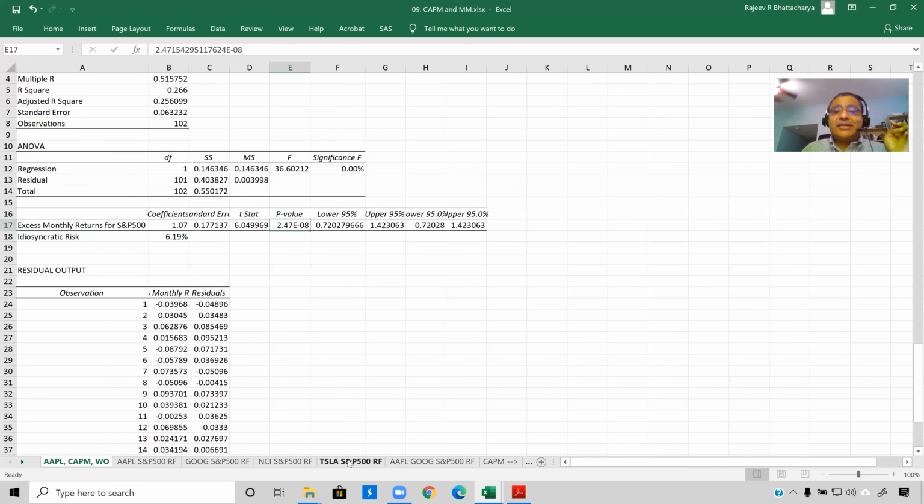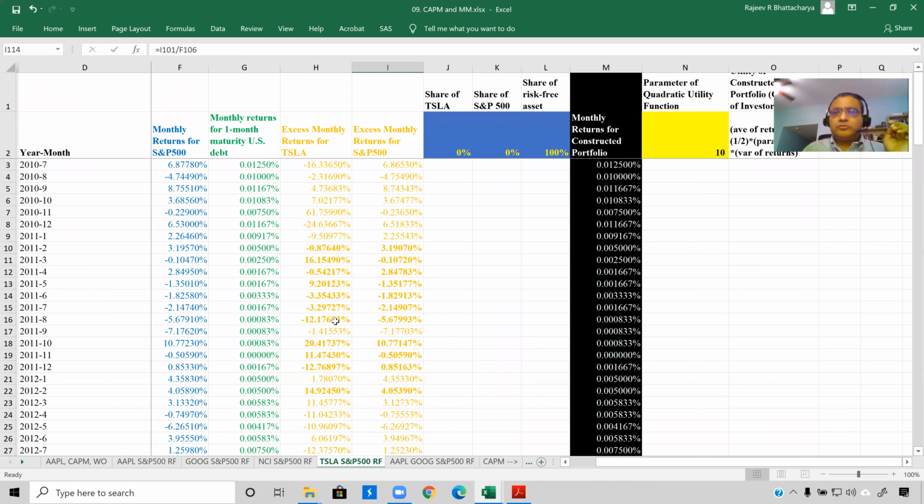Let's look at Tesla. Exactly the same way as we did before, we calculate the excess monthly returns for Tesla, we calculate the excess monthly returns for the S&P 500, and we do our regression, the excess monthly returns for Tesla against the excess monthly returns for the S&P 500.